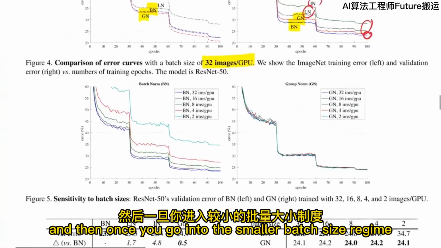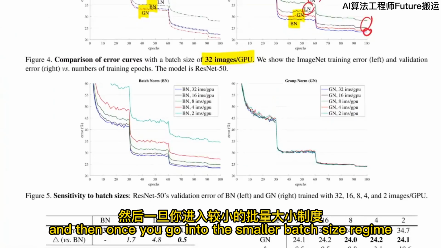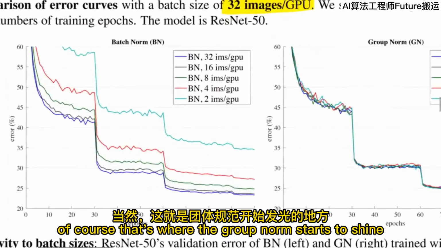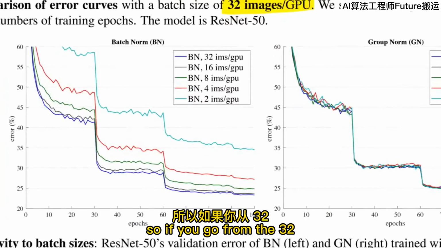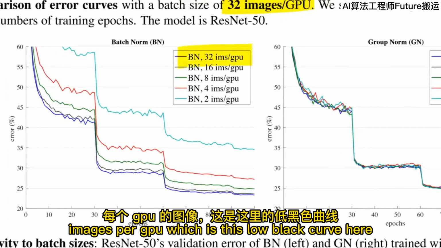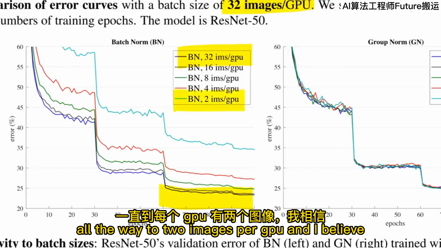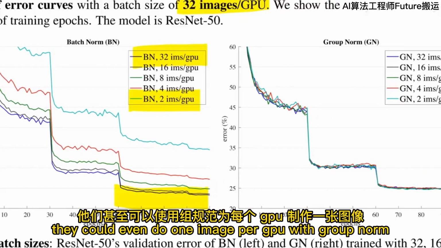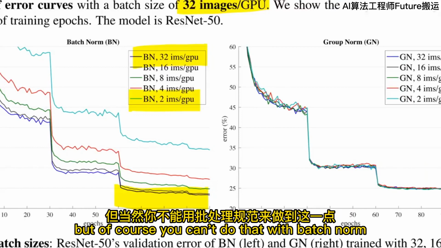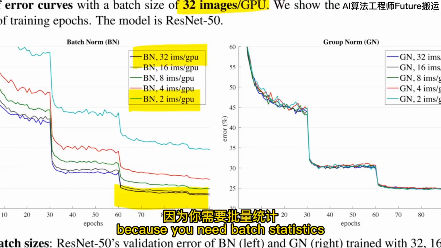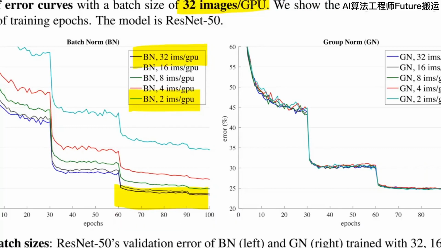And then once you go into the smaller batch size regime, of course, that's where the group norm starts to shine. So if you go from the 32 images per GPU, which is this low black curve here, all the way to 2 images per GPU, and I believe they could even do 1 image per GPU with group norm, but of course you can't do that with batch norm because you need batch statistics.